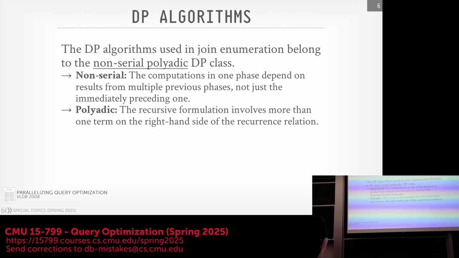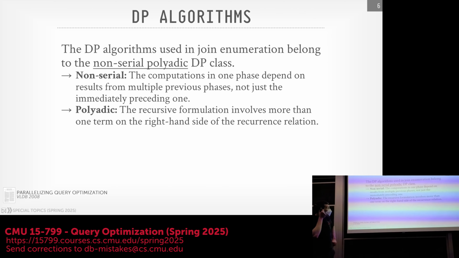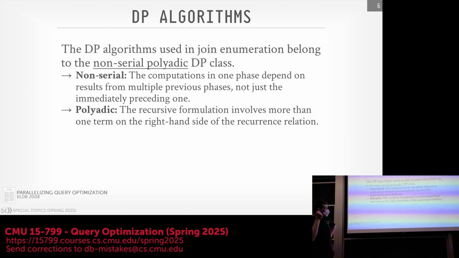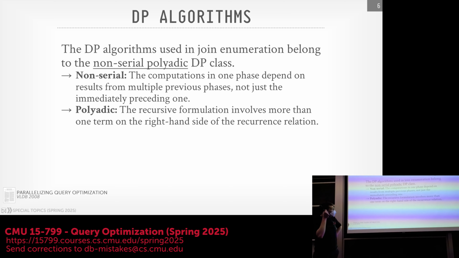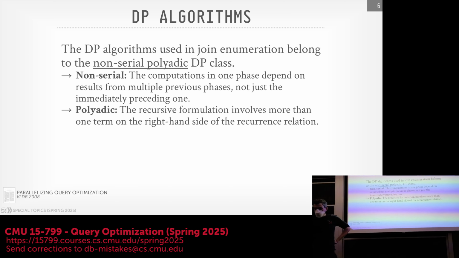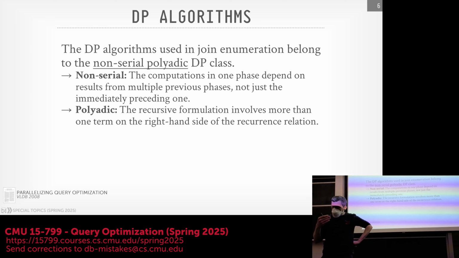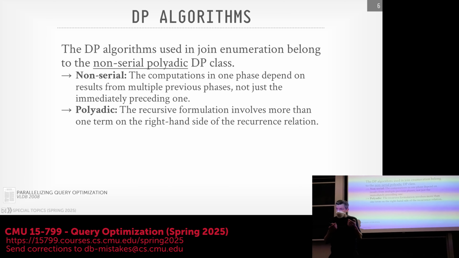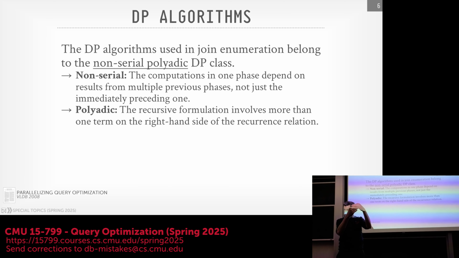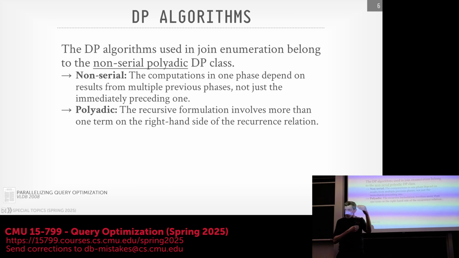And so for join enumeration, the class of algorithms that we've been looking at for dynamic programming are called non-serial polyadic. Non-serial just means that the computation we do at one phase or one level, think of the search tree, is going to depend on multiple levels of results from the search tree below me.